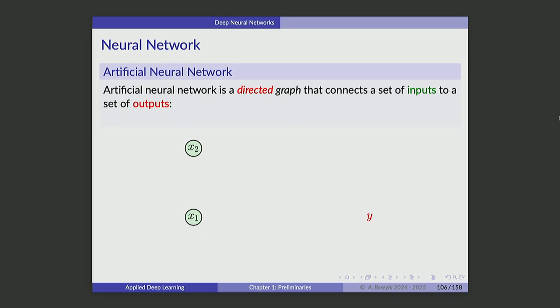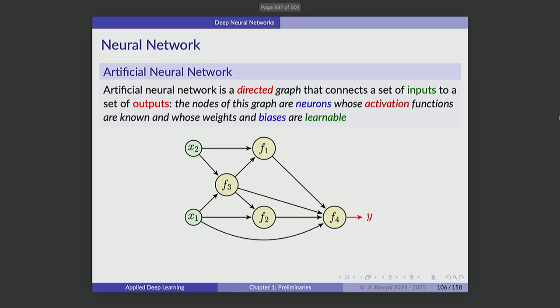I can connect these inputs to the output through a graph. I can put a bunch of nodes in between, connect the inputs to those nodes, and those nodes can get connected to other nodes, and so on until I arrive at the output. As long as every yellow node here is an artificial neuron, this is what we call an artificial neural network.